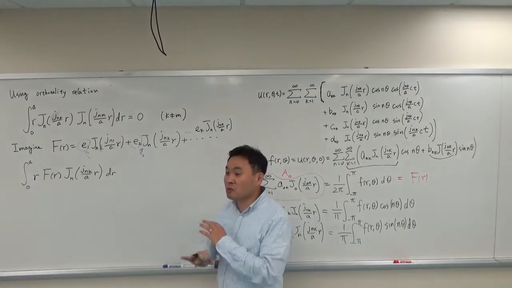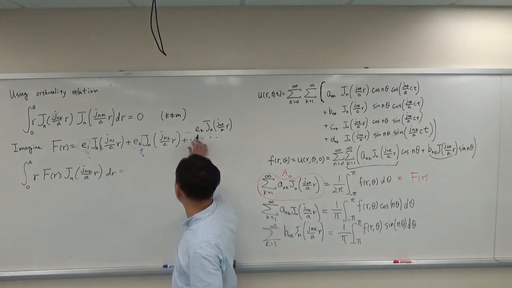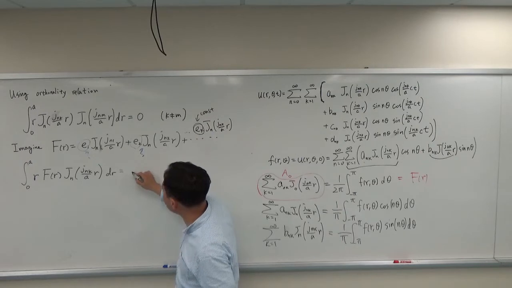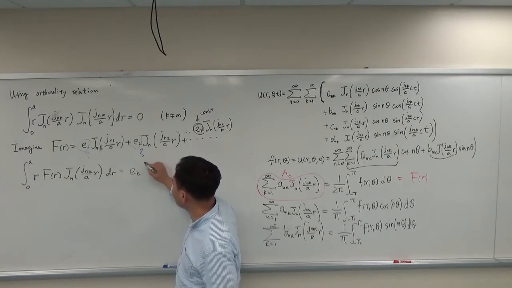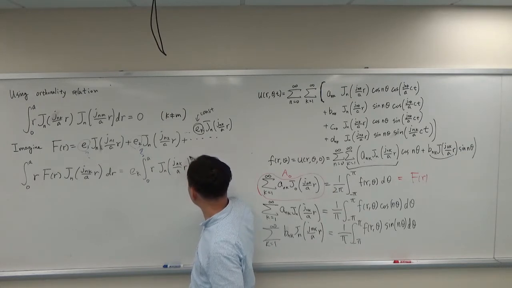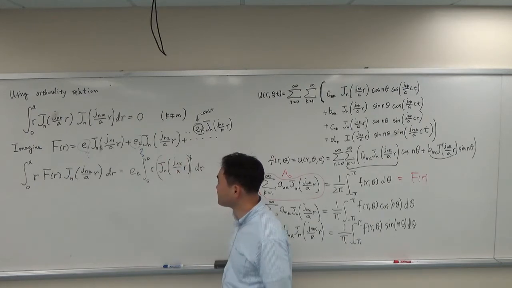That will be the only nonzero term, and the end result will be like this. Ek is some number, it's a constant, so you can bring it outside, and the end result is that you get the integral from 0 to a of r times J_N of k over a r, squared, dr.